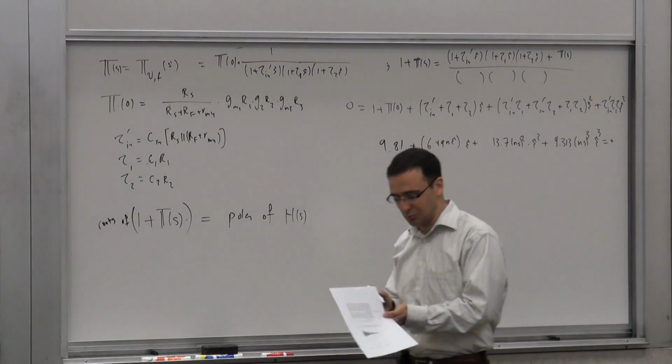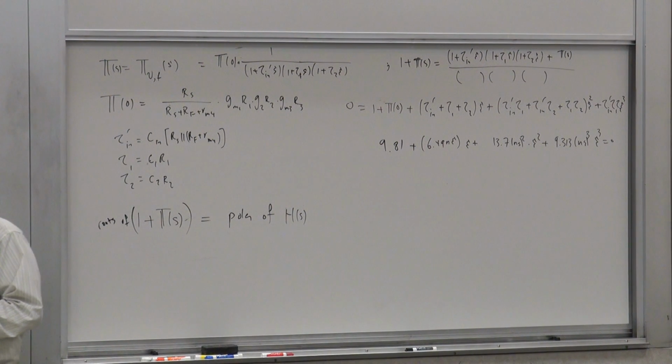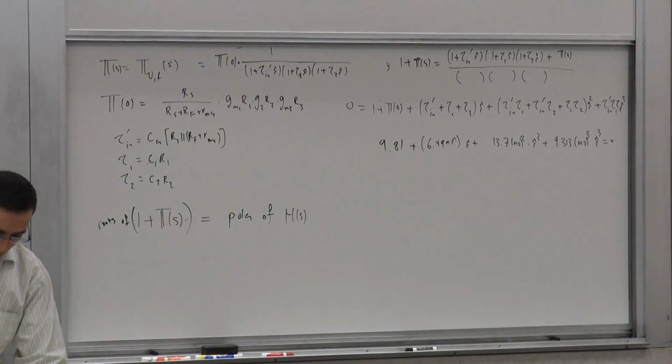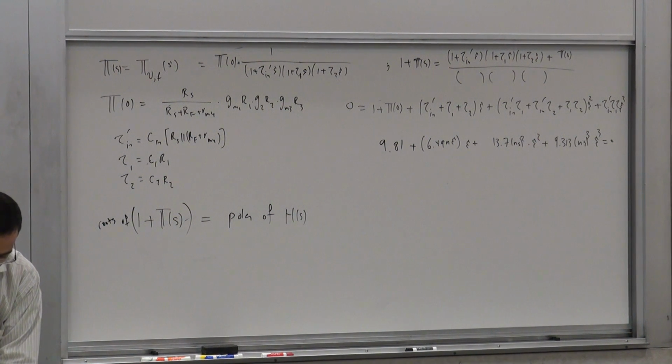So how do you tell me whether or not it has right half plane poles? Does anyone know? Routh-Hurwitz method, right.